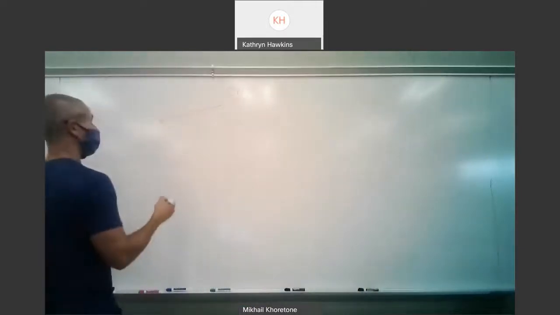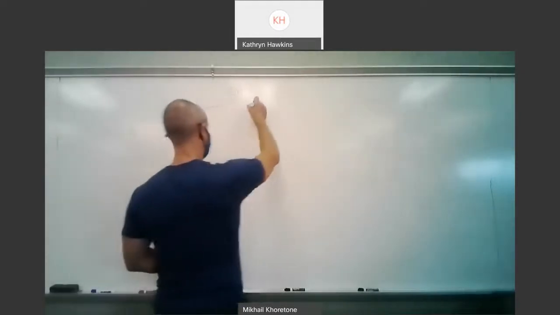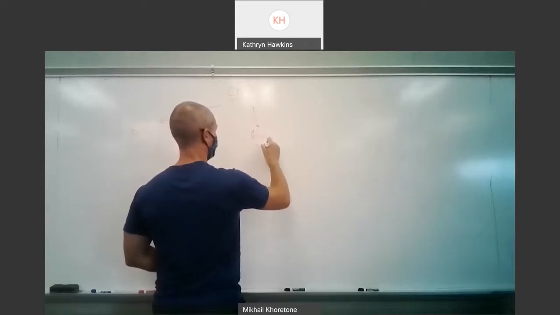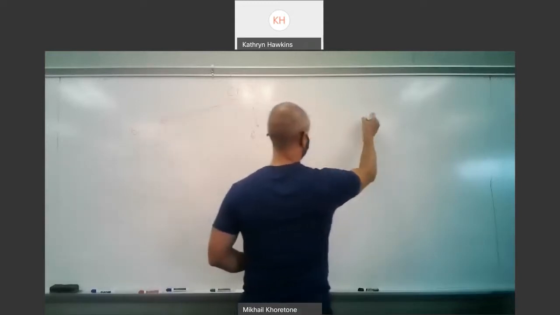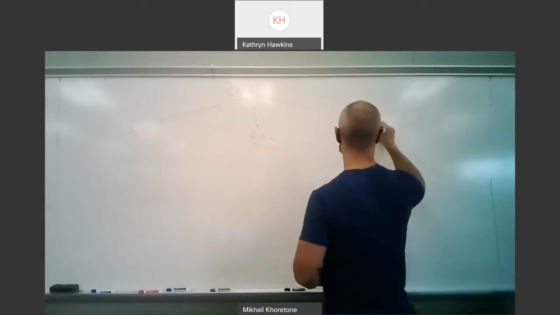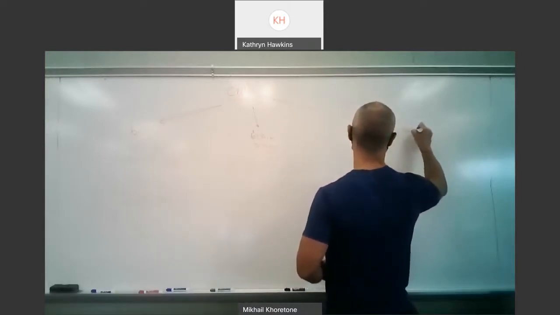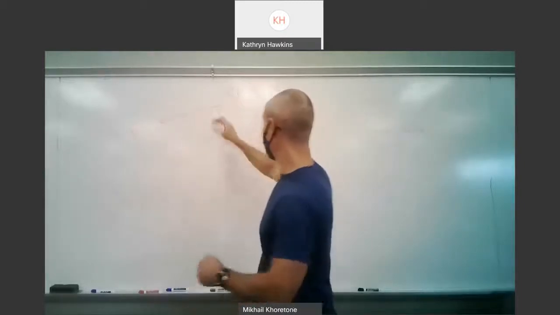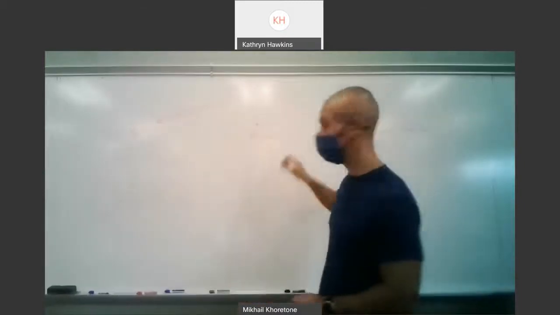So we're going to start with the CNS. We're going to start with the brain. Then there's a brain stem. And then there is a spinal cord. We're going to be adding some more here, so leave some space.